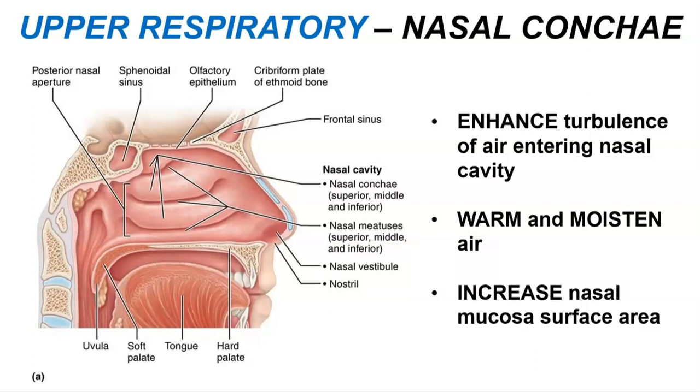The first is that they enhance turbulence of the air that is entering the nasal cavity, and this turbulence helps to ensure that the air becomes well mixed inside of the nasal cavity. And this mixing allows the nasal conchae to warm and moisten the incoming air. And the conchae also increase the mucosal surface area, which gives more room for the nasal sensory structures to occupy.